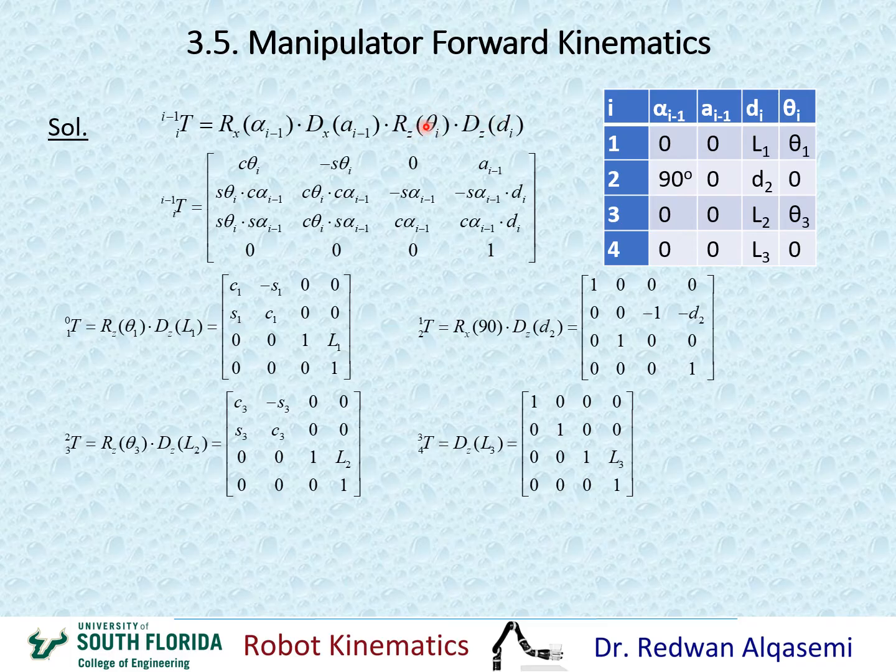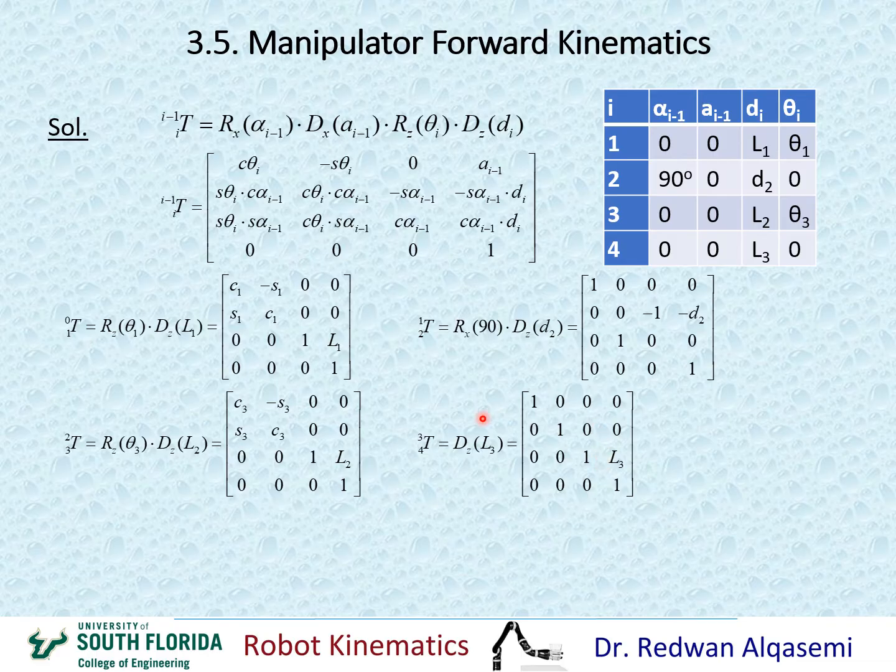Here I'll have a 4x4 with identity rotation matrix and a translation along the Z direction by L3, which is di here. Okay, so again, in this case, I have only one transformation matrix, so I don't need to multiply anything. I can just fill it out. The first portion would be identity rotation, and then I'll have translation in the Z direction by L3, which means it will be 0, 0, L3 here.